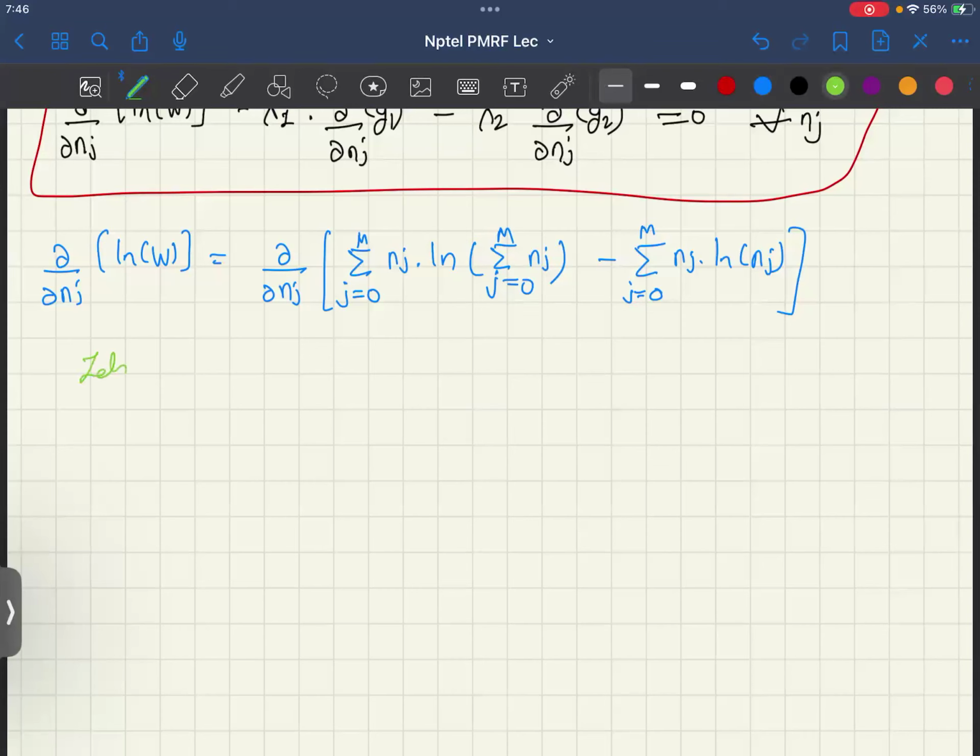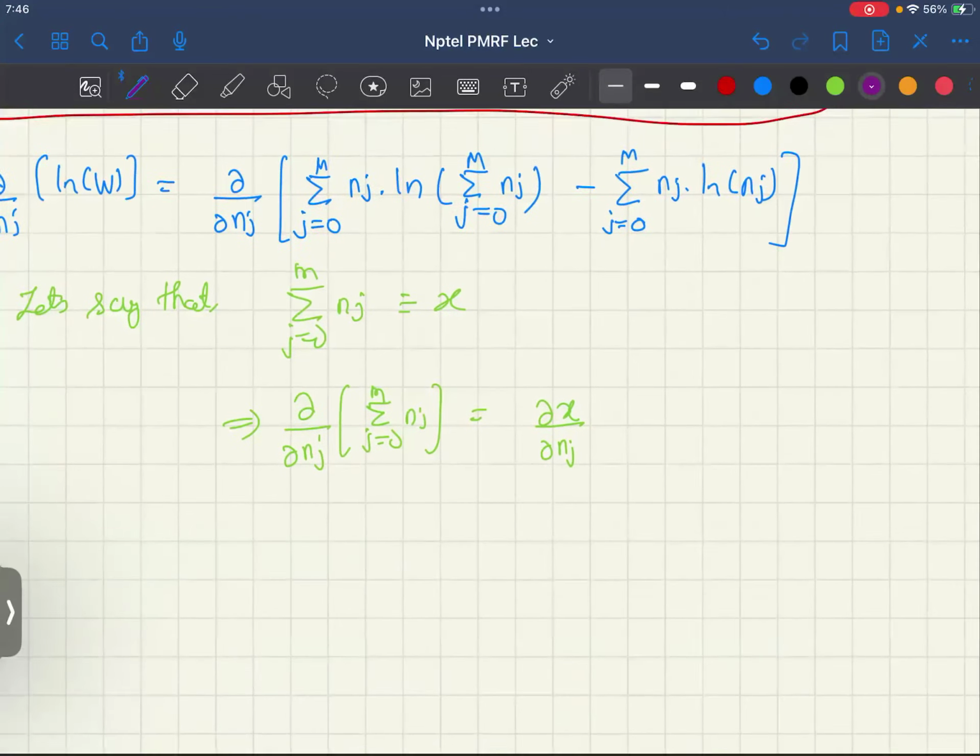Then what does this mean? This means that dou by dou nj of summation j is equal to 0 to m nj is going to be del x by del nj.